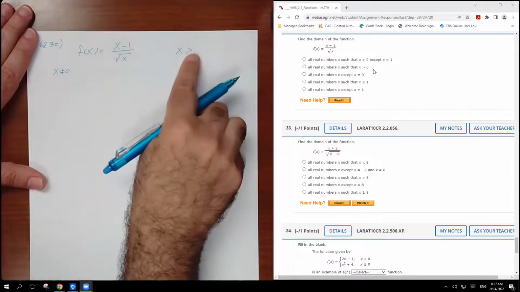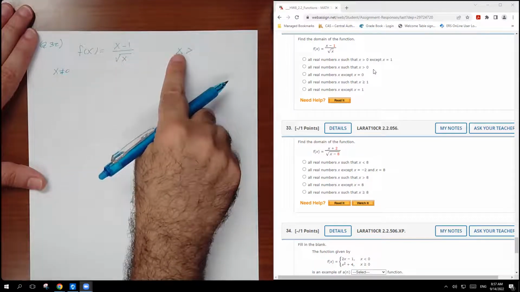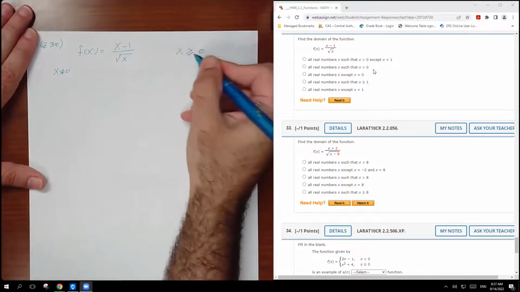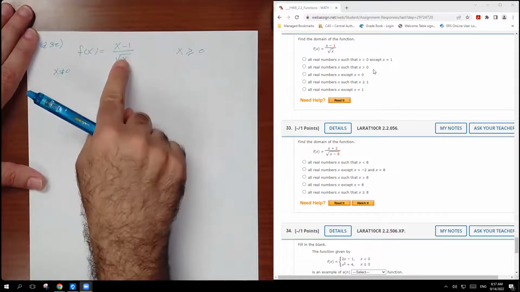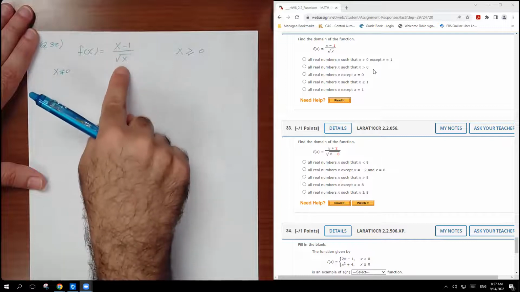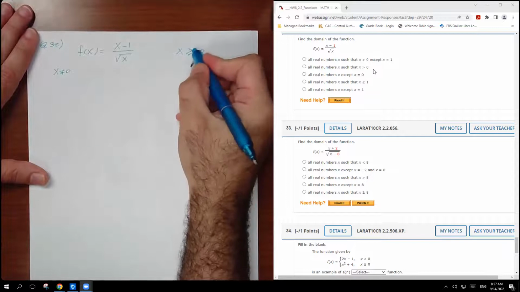But in this case, I have a radical here, so I can't say x greater than or equal to 0. Because if it's equal, that means I can plug in 0 here. The square root of 0 is going to be 0. Any number divided by 0 is going to be undefined. In this case, I'm not going to put the equal sign.